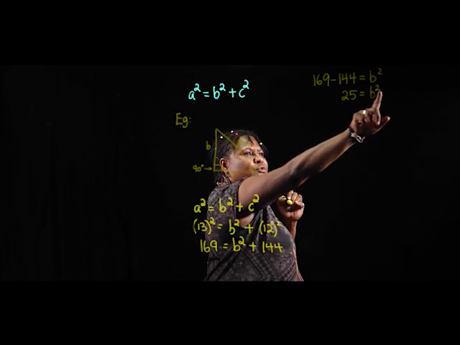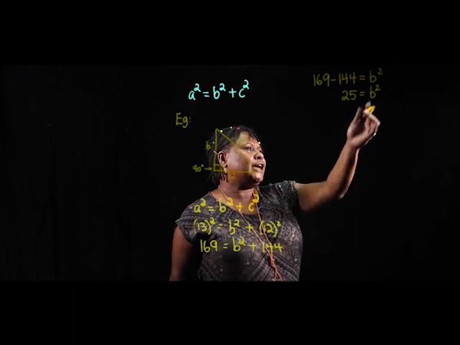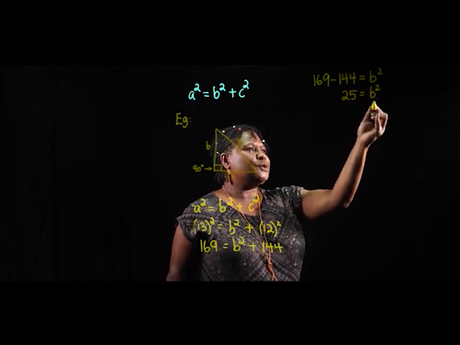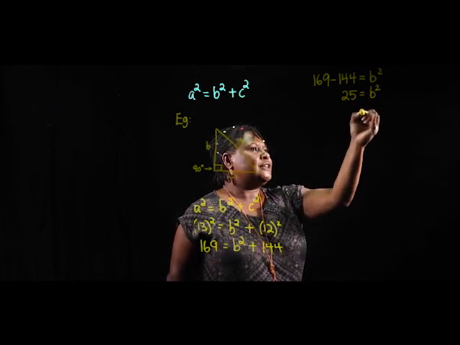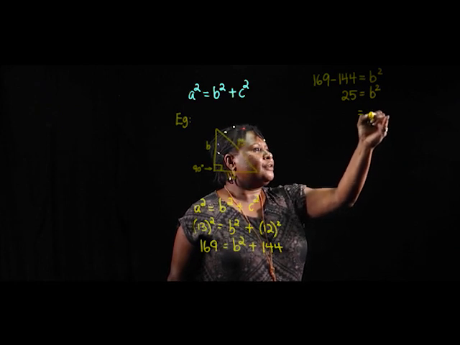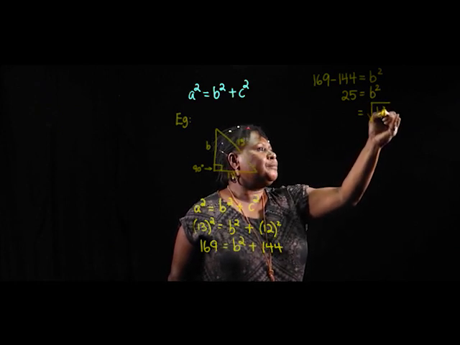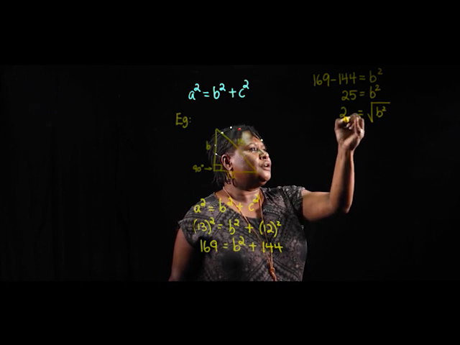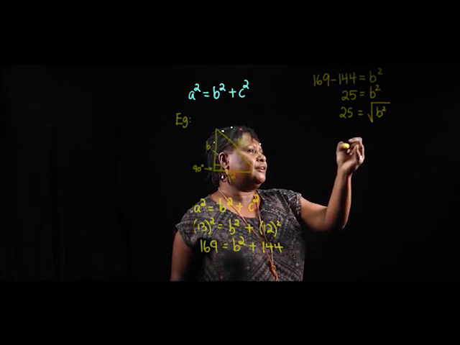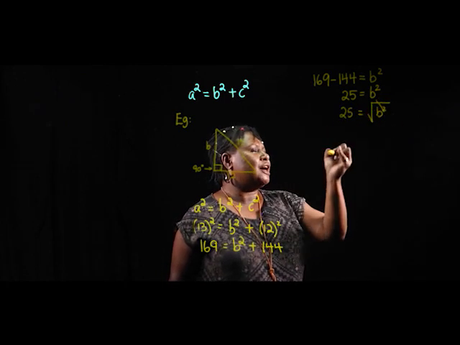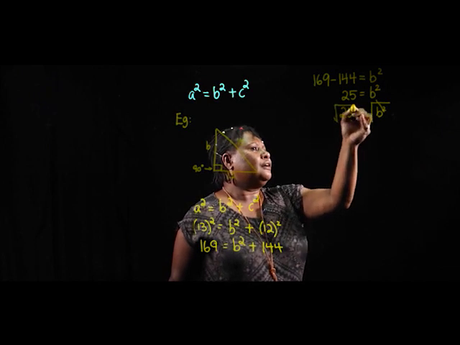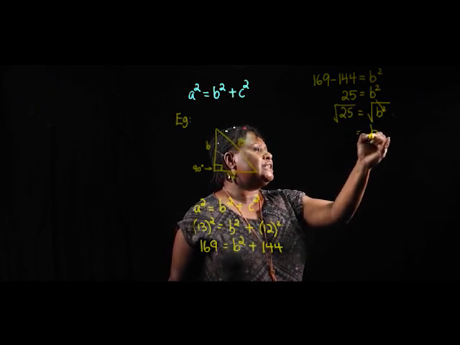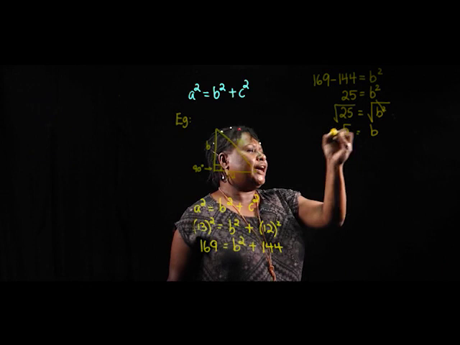Again, we need to remove this square by applying an inverse operation. So we take the square root. b squared equal to 25, this cancels out. So b is equal to 5.